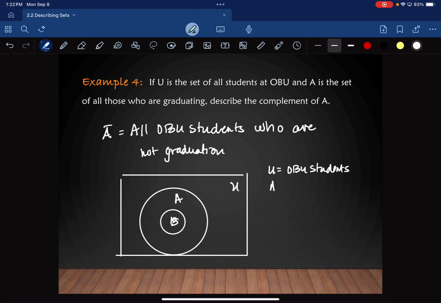What I meant to say is that A is those who are not graduating. Therefore B could be the freshmen. So the freshmen are a category inside of everybody who's not graduating, and the ones who would be graduating would be this outer donut area that we talked about before, the complement. But it's just a category inside of a bigger category.